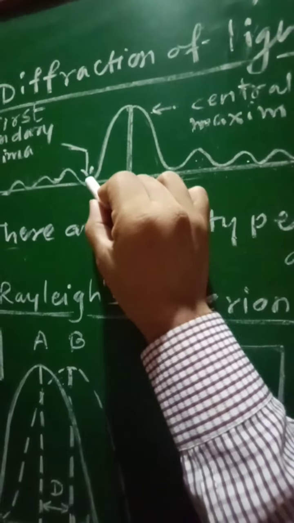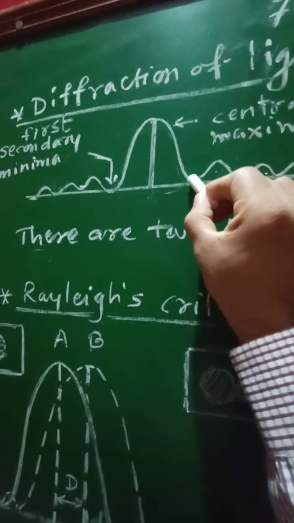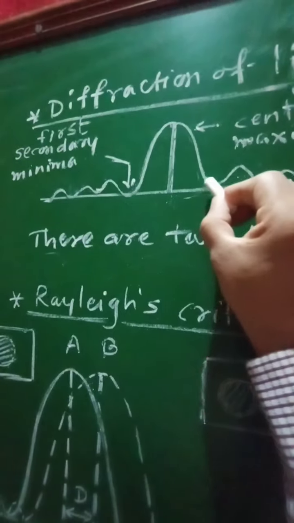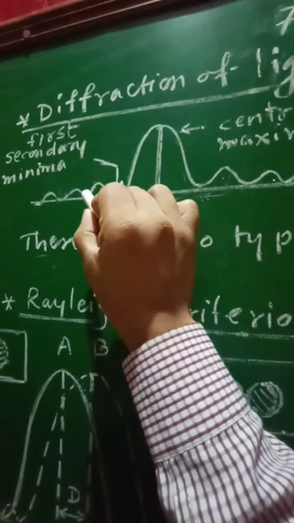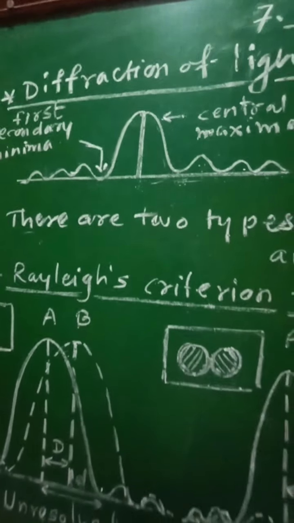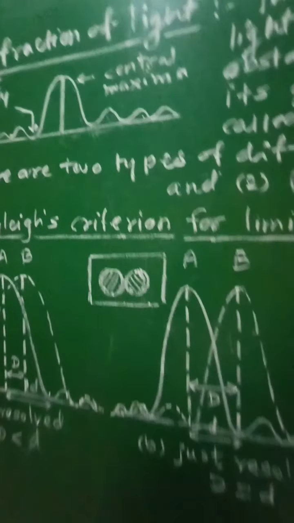There will be minimum intensity on either side of the central maximum, called a minimum, giving rise to the first minimum, then the second minimum. Like this, minima will be produced on either side of the central maximum.